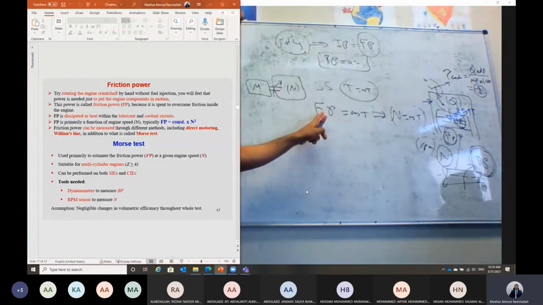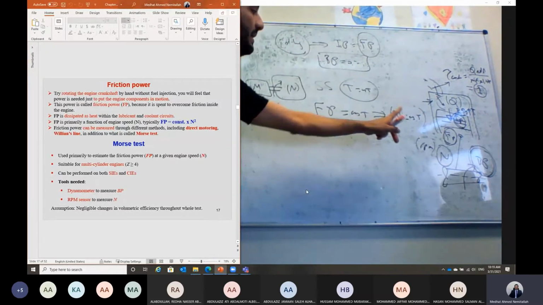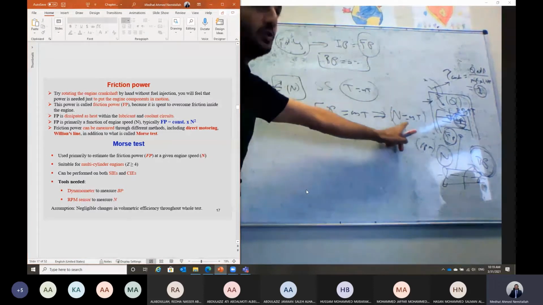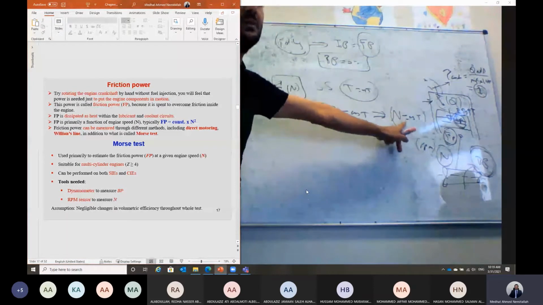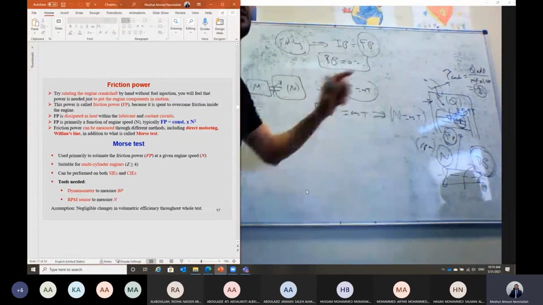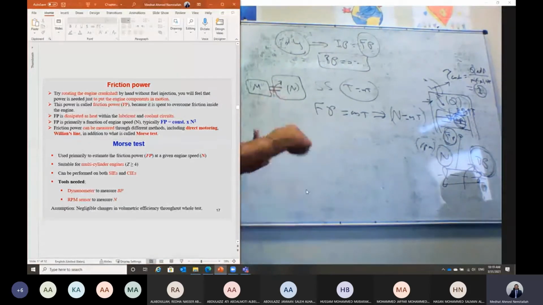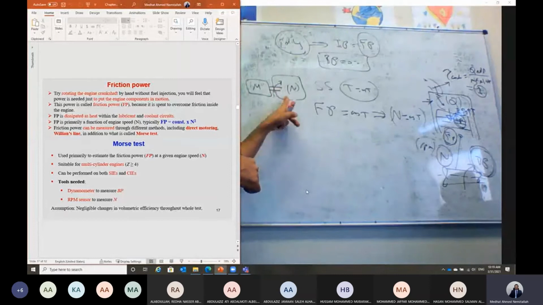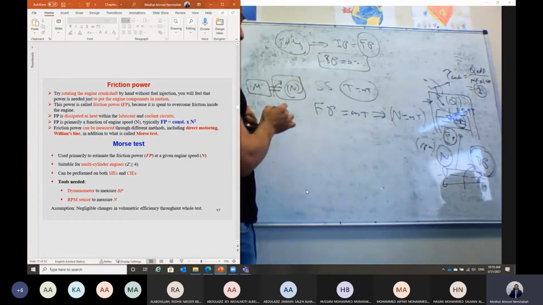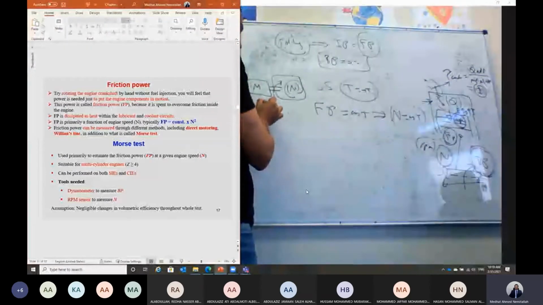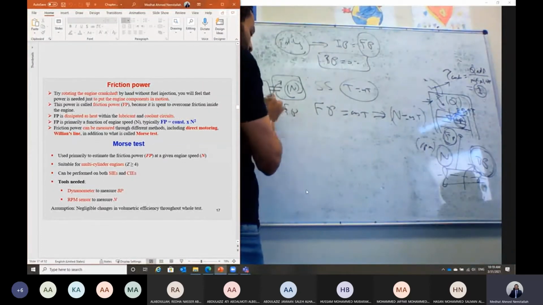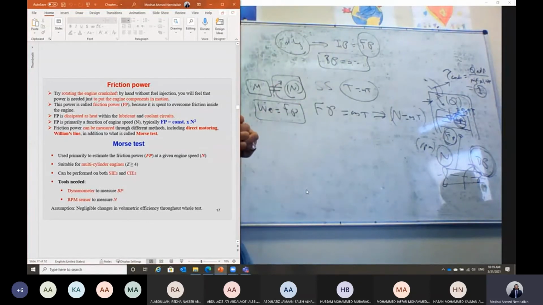If I need to calculate the friction loss power, I am talking at a fixed engine RPM, because it is a function of the RPM of the shaft. So we turn the engine down, disconnect the fuel, connect the crankshaft to an electric motor, and run the engine at the same speed. Then the electrical power will equal the friction loss power. So this is one method.